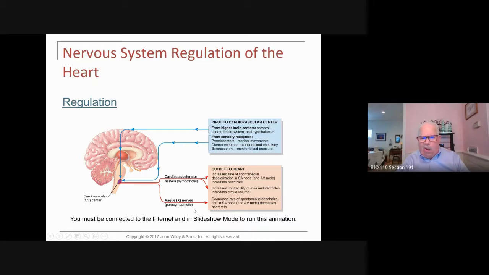It will always decrease your heart rate. Always. And that's important.